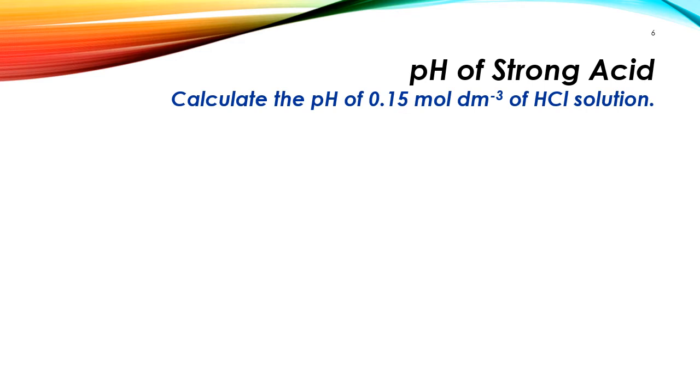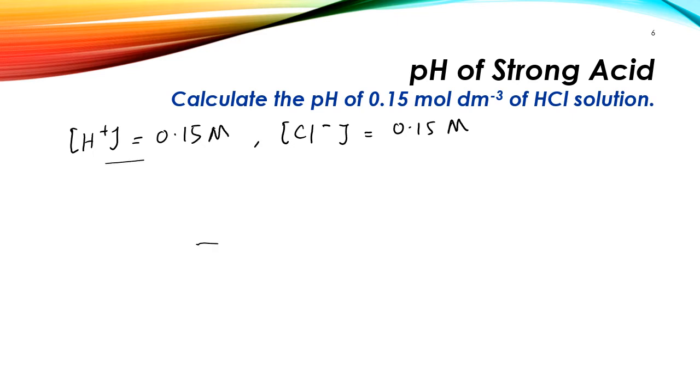So, from the ICE table, we have determined the equilibrium concentration of the remaining substances: H+ concentration equals 0.15 molar, as well as the concentration of Cl- at 0.15 molar. Now, to determine the pH, it only depends on the concentration of H+.